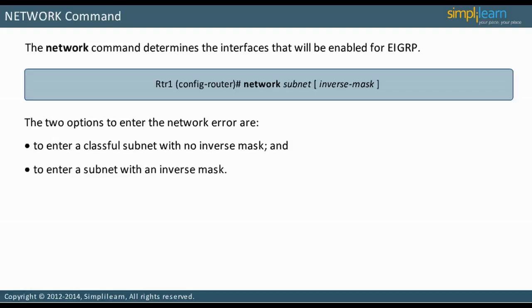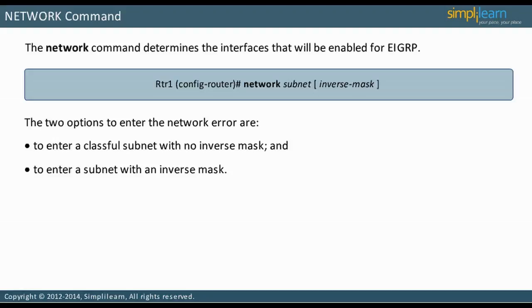An inverse mask is the regular subnet mask subtracted from 255.255.255.255. For example, the inverse mask of 255.255.240.0 is 0.0.15.255. The inverse mask is configured same as a wildcard in EIGRP and ACLs.